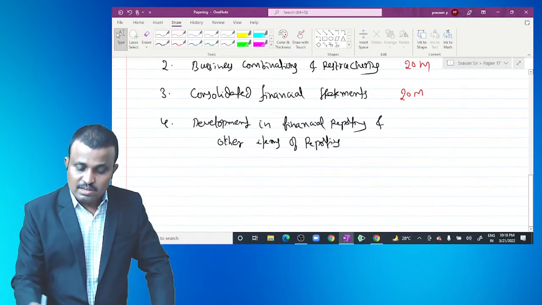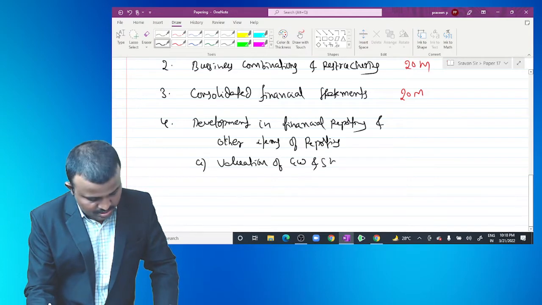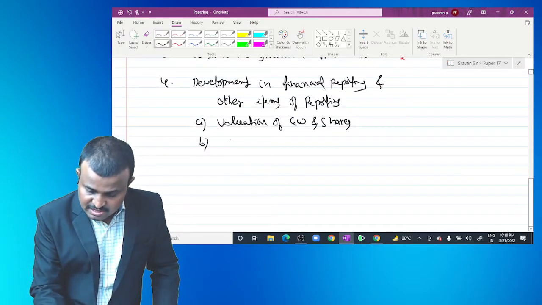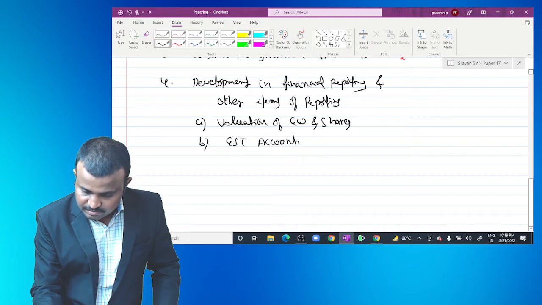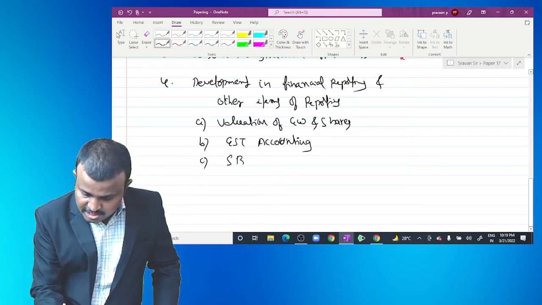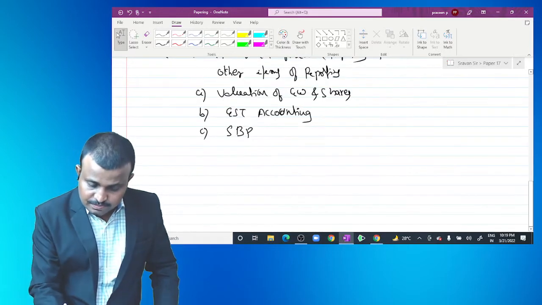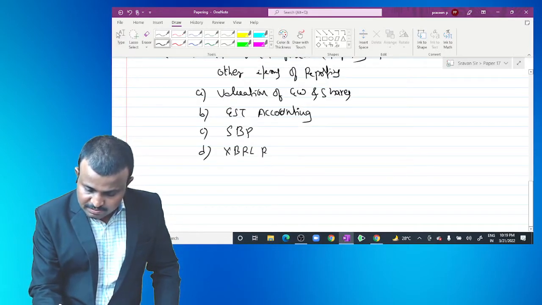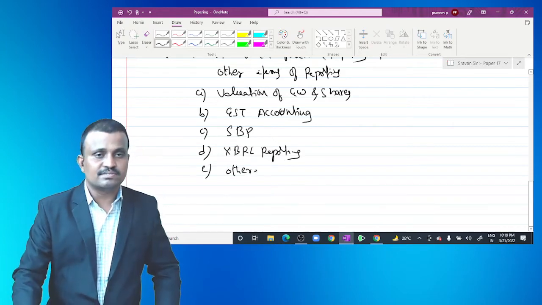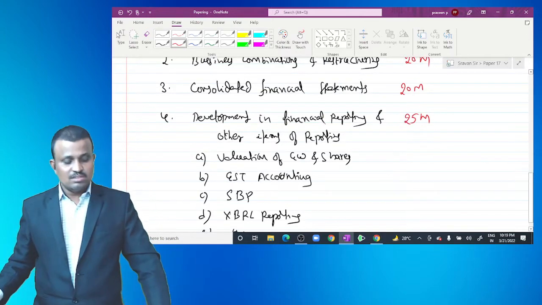In this case we will discuss the valuation of goodwill and shares, then GST accounting, share-based payments, ESOPs and the related accounting, and XBRL reporting, and other developments if any. This part covers around 25 marks.